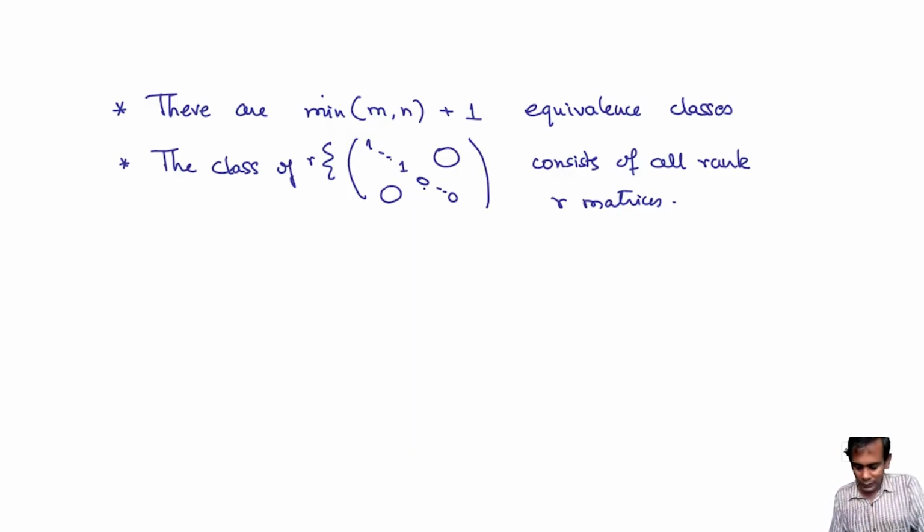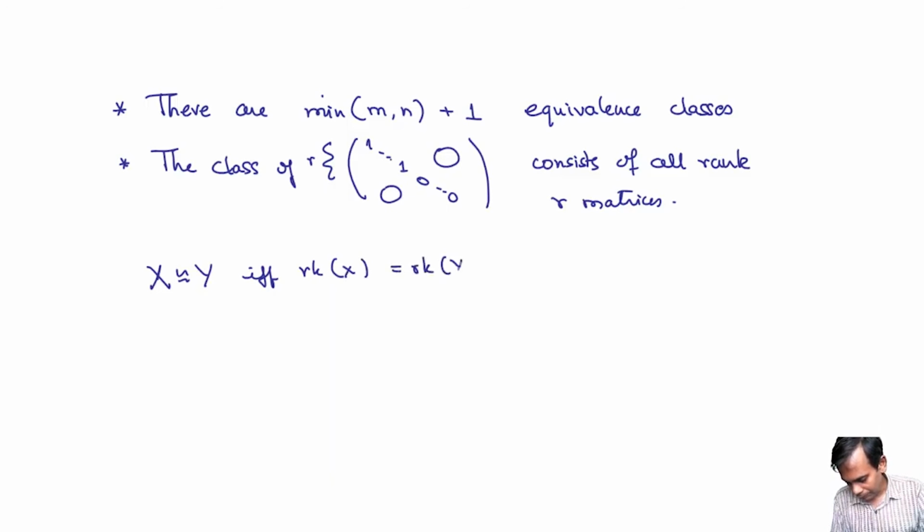So now we have found the invariant that we wanted. We have the canonical form, and the invariant is: x is equivalent to y if and only if rank of x is equal to rank of y.